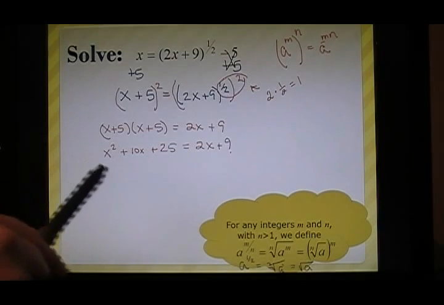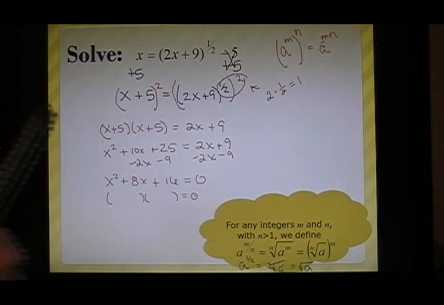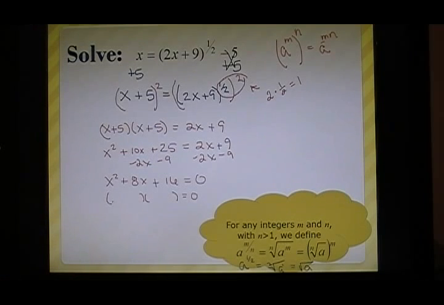We have an x squared in our equation, so we're going to solve using the factoring method. So we're going to get 0 on one side. So we've got x squared plus 8x plus 16 equals 0. We've got a trinomial, so we're going to factor that into the product of two binomials. First times first equals the first, so x and x.